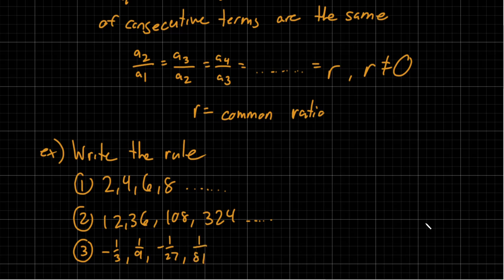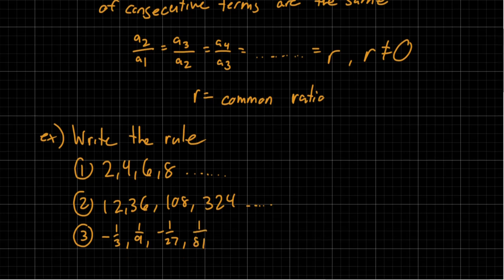Okay, I'll give you another one, but let's go over the first one. Let's find our ratio. Take my second term, put it over my first term. This should be the same as 6 over 4, and the same as 8 over 4. All of these should be the same to check to see if it's a geometric sequence. What is the first one simplified to? 8 over 4, 8 over 6.